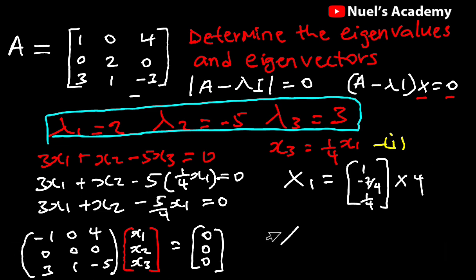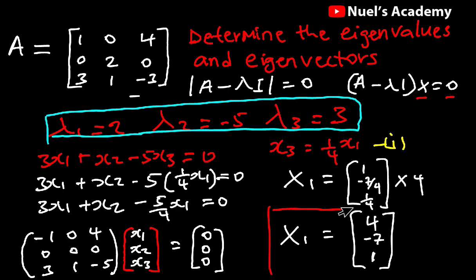So you have that the eigenvector x1 when lambda 1 is equal to 2 is equal to 4 times 1, which is 4. 4 times minus 7 over 4, this and this will cancel. We'll be left with minus 7. And then 4 times 1 over 4 is equal to 1. So this here is the eigenvector of this matrix when lambda 1 is equal to 2.